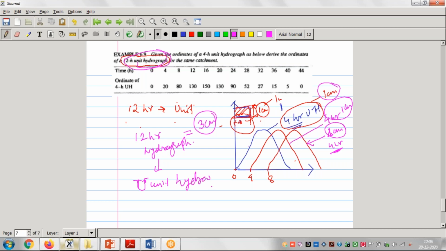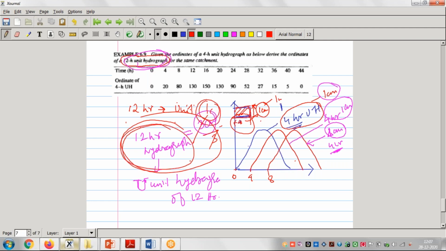Whatever we have added here, if we divide it by 3, the 3 will be cancelled and it will become 1. So the rainfall will become the unit and we will get the ordinate for the 12-hour. Is this okay?